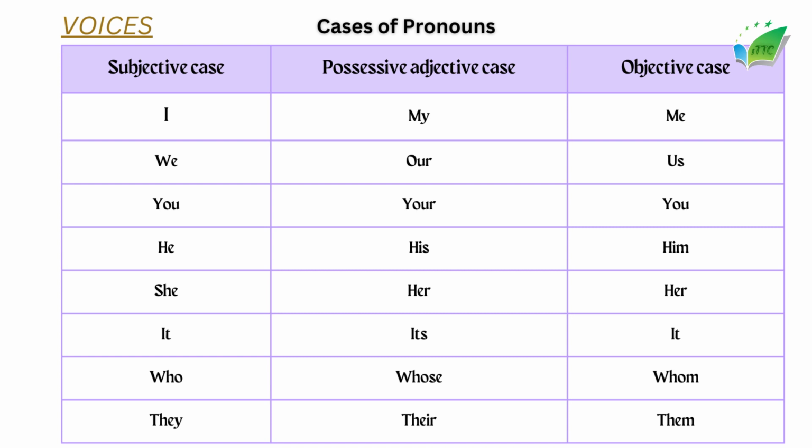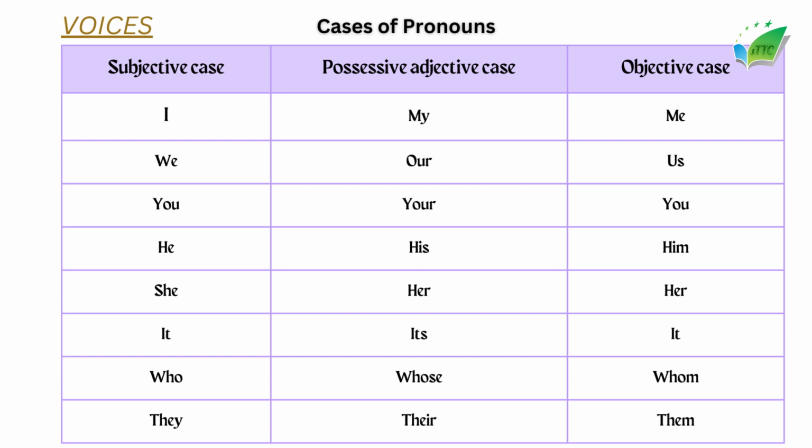If we have to use any pronoun in the beginning, we use its subjective case, and if we have to use that word or pronoun at the end, then we have to use its objective case. And there is another which is called possessive adjective case, which shows the possession or belongingness of anything.